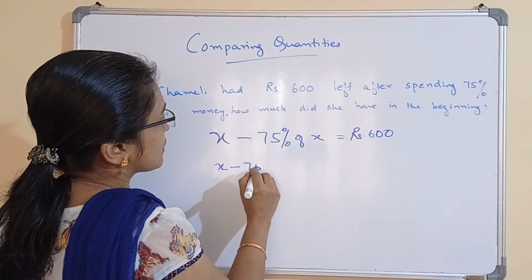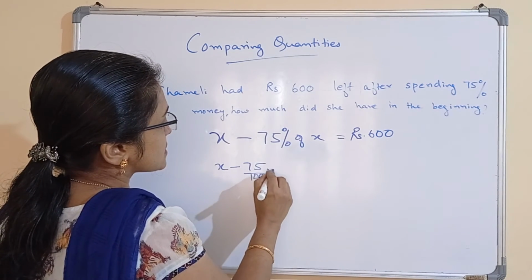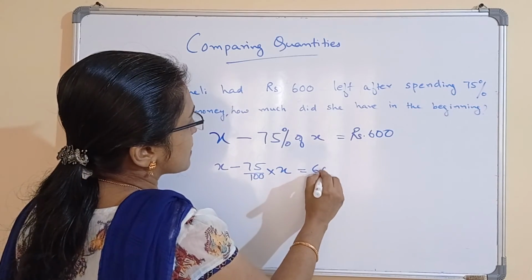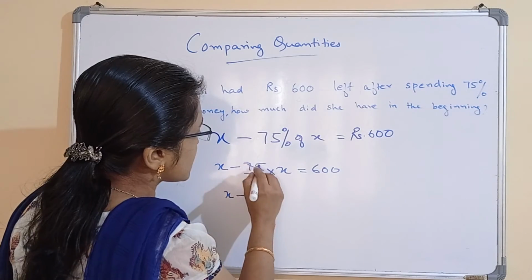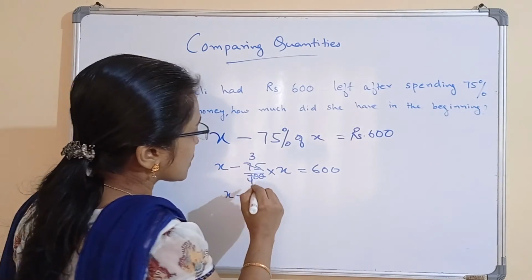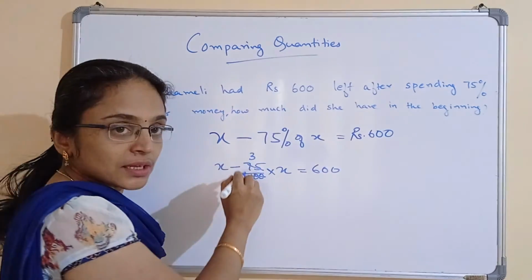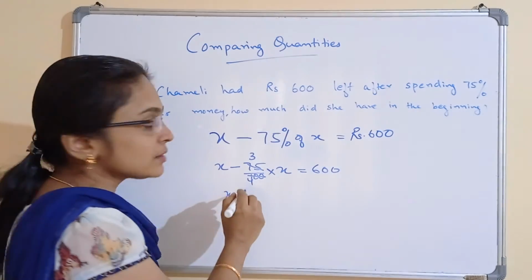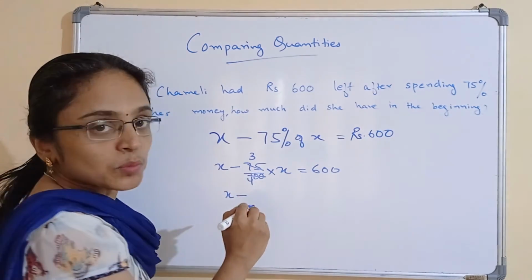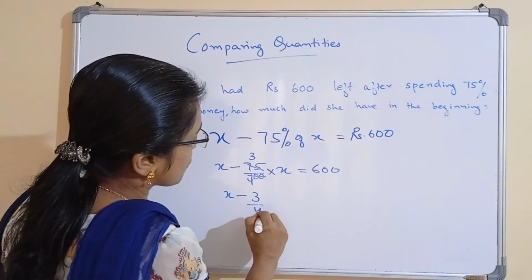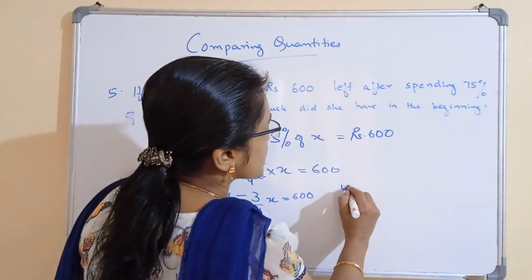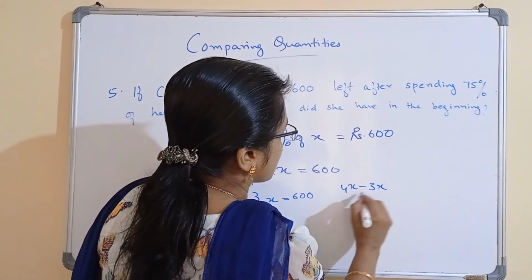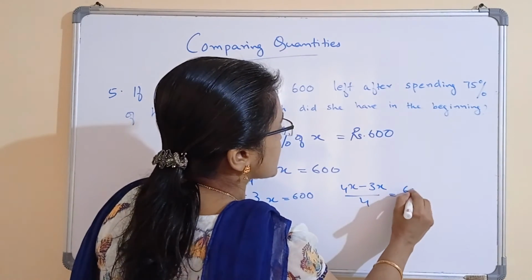X minus 75 by 100 of X is equal to 600. So what is X? 75 by 100 is 3 by 4. 25 will go in 75 3 times. 25 will go in 100 4 times. So this is 3 by 4x. X minus 3 by 4x equal to 600, which means 4x minus 3x by 4 is equal to 600.